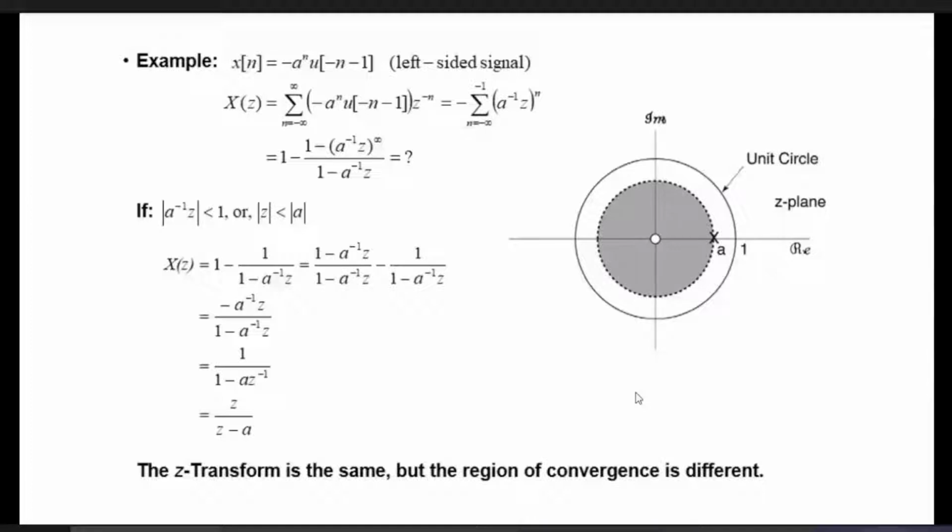Yes, sir. And from n equal to 0 and beyond, it is 0. That is the left-sided signal. So it is not 1 at n equal to 0. It is 0 at n equal to 0.